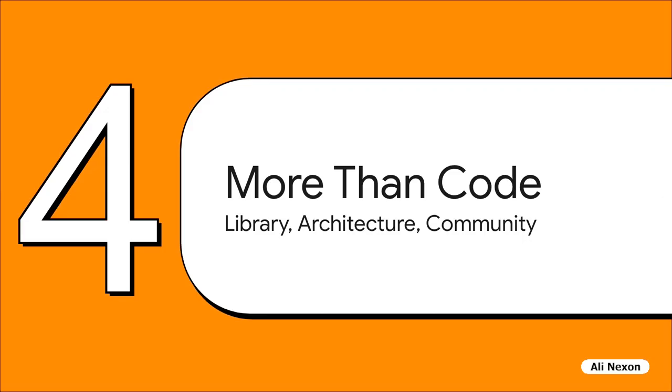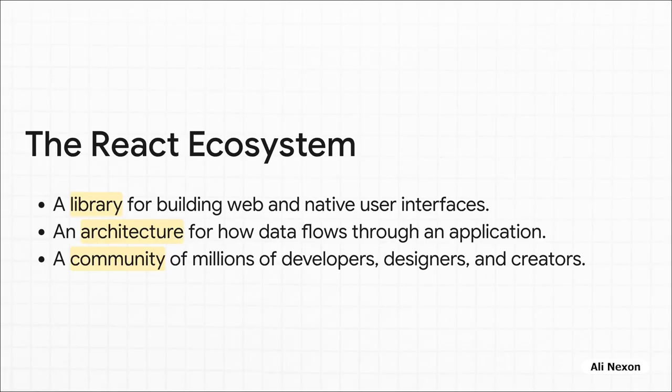But this whole idea of components and these super efficient updates, it's become so much bigger than just a clever way to write code. It's created an entire world around it. So what is React, really? Well, first, it's a library. Basically a toolkit of code that does the heavy lifting for you. Second, it gives you an architecture, a kind of roadmap for how your app's data should move around predictably.